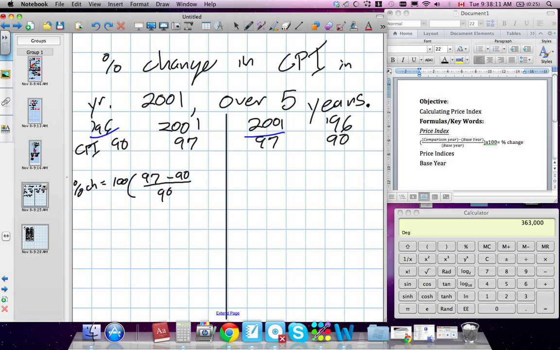Okay? Percentage change in our other example is 100 times our comparison year, which in this one is 96. So 90 subtract 97 divided by 97. Okay? I'm going to show you how these change our answers.